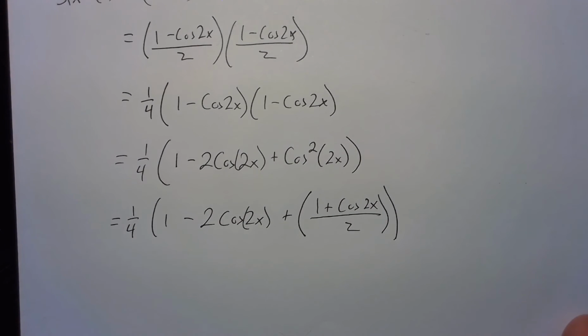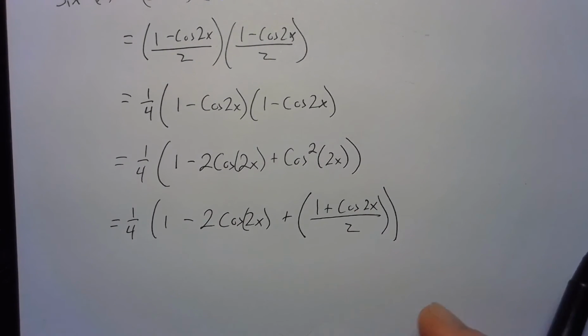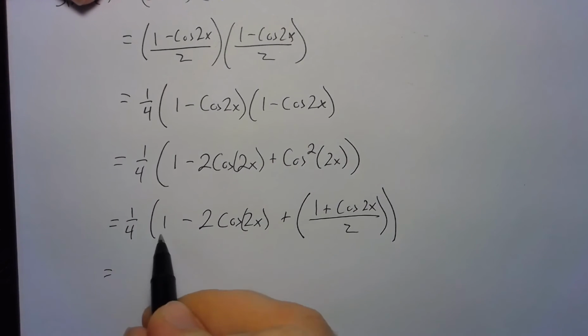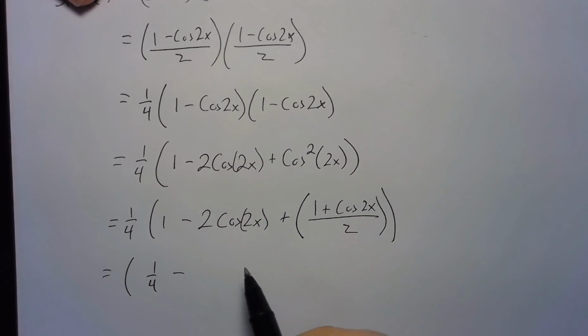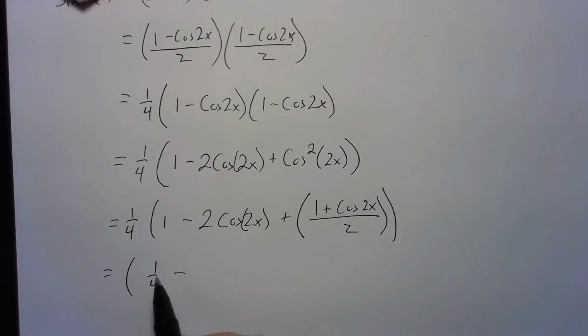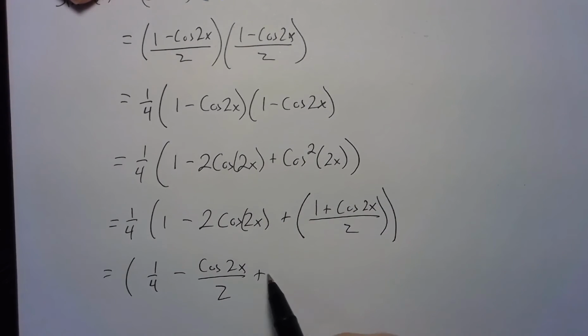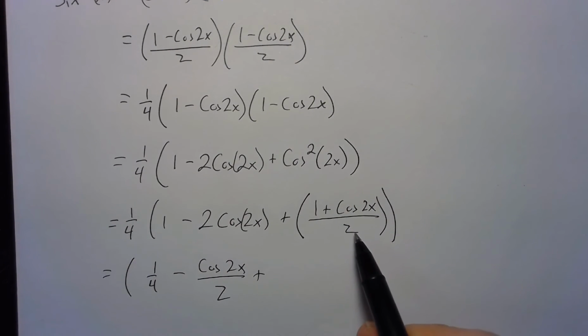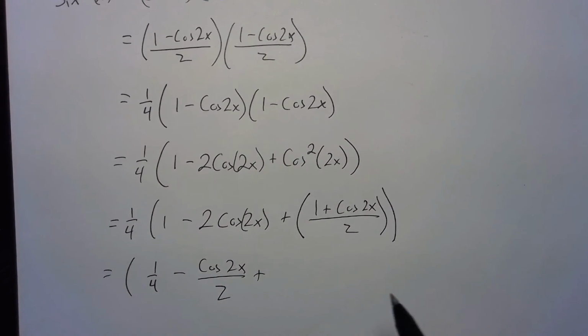I won't have any more multiplications, so there won't be any more powers greater than 1 if I were to simplify this down. So all I need to do is simplify this down term by term. I'll distribute the 1/4 through all the terms at this point to keep things as simplified as possible. So I'll have 1/4, minus 2 cosine of 2x divided by 4, plus I'm going to split this up into two separate terms, but each term is going to get a division by 2 and a division by 4.